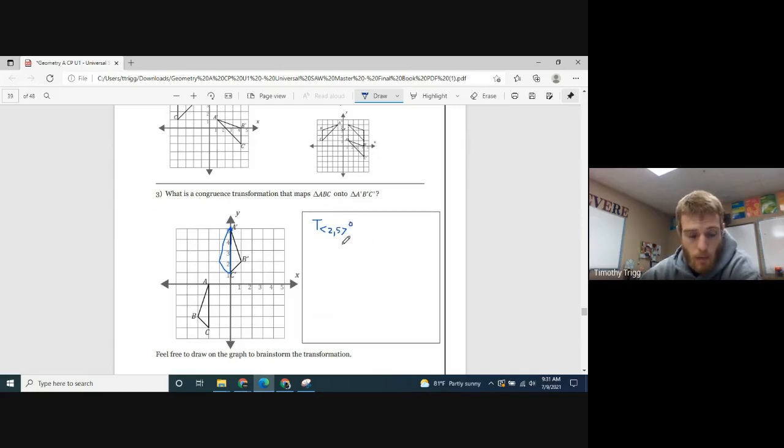Then we would want to reflect across the y-axis. So let's reflect across the y-axis. How do we show that? Capital R for reflect across the y-axis. Okay, and that'll get us back onto A prime, B prime, C prime.